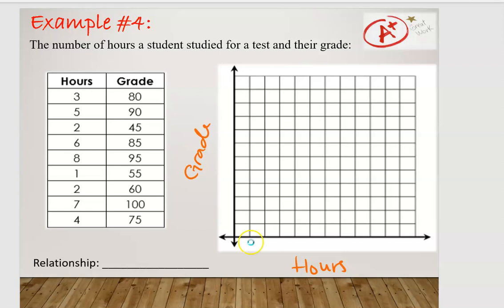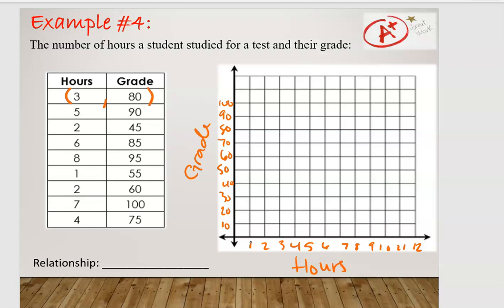So hours is on the x, so we're going to have it go 1, 2, 3, 4, 5, 6, 7, 8, 9, 10, 11, 12. And then on our y, we're going to have different points as well. So we're going to go by tens.